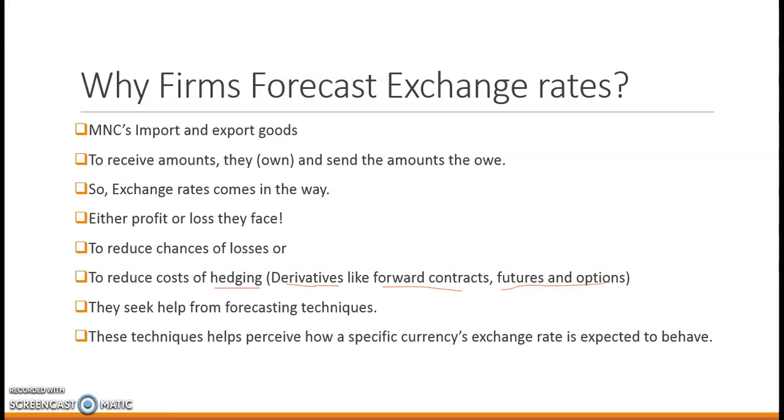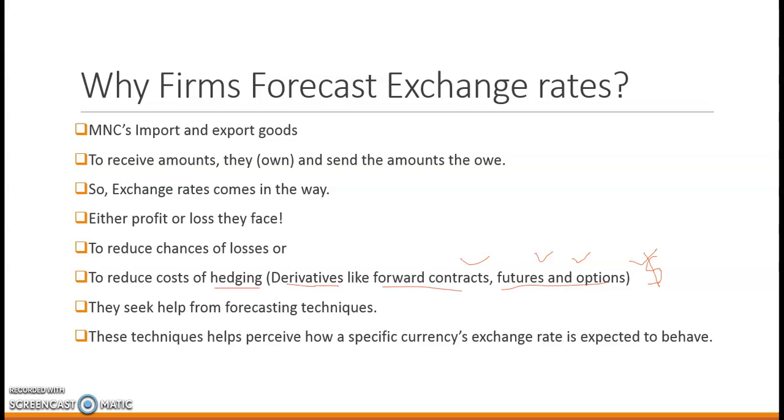So MNCs use this, but the thing is that it comes with a cost. You have to pay a cost to enter into any of the contracts you see on the screen. It isn't possible to enter into any contract without paying certain costs.